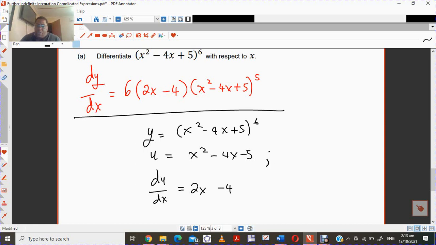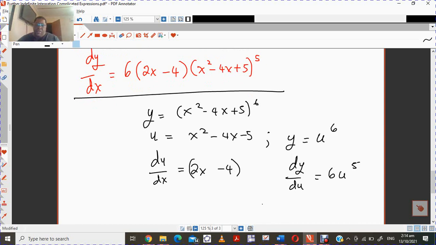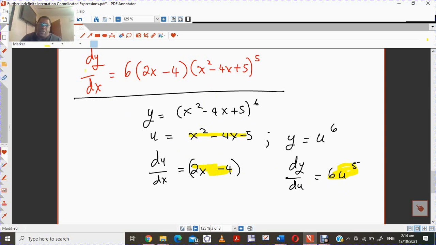At the same time, y equals u⁶, and dy/du will be 6u⁵. The only thing that has to happen now is you multiply this 2x − 4 with that one, and then you replace the value of u with what we have here, and that's basically what you're going to get.